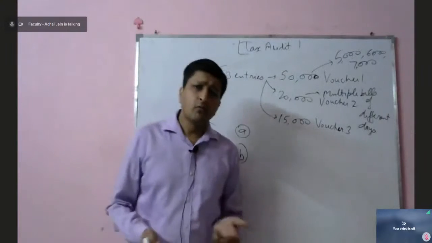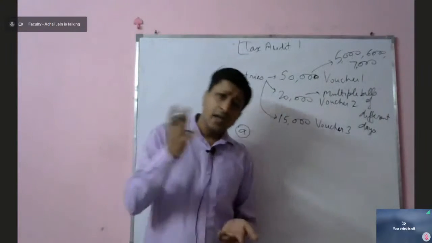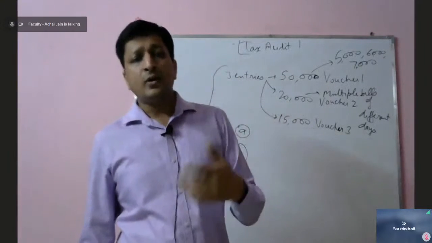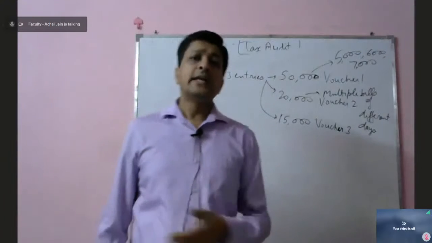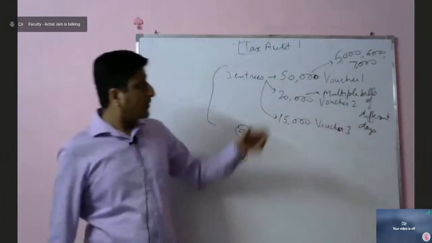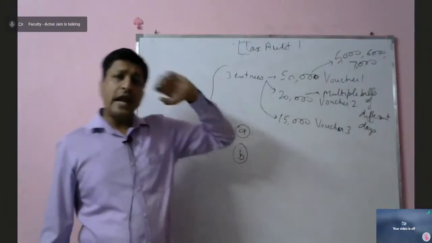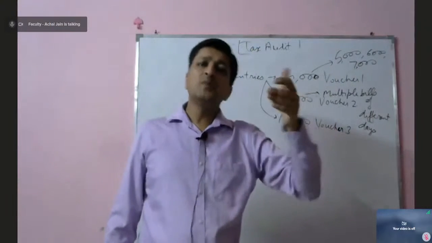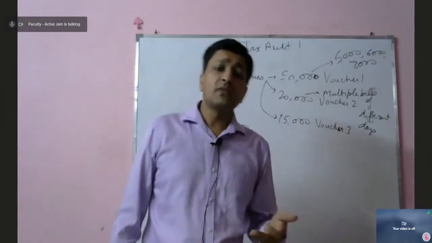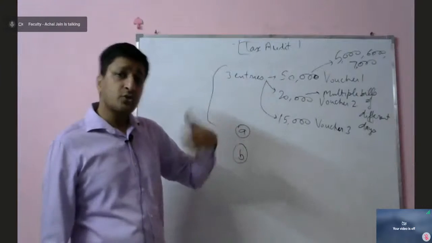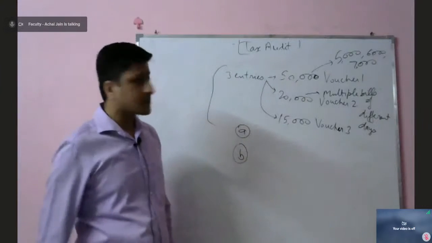Because what is a voucher? A voucher is nothing but an accounting entry put down on a piece of paper, or in the form of an accounting entry passed in the accounting package. So if the auditor just limits himself to checking these vouchers and does not go beyond that, he may be missing out something which is required to be reported, or something which is not required to be reported under this clause.